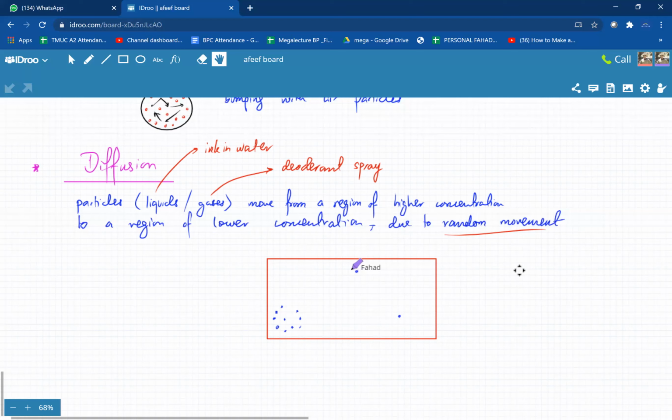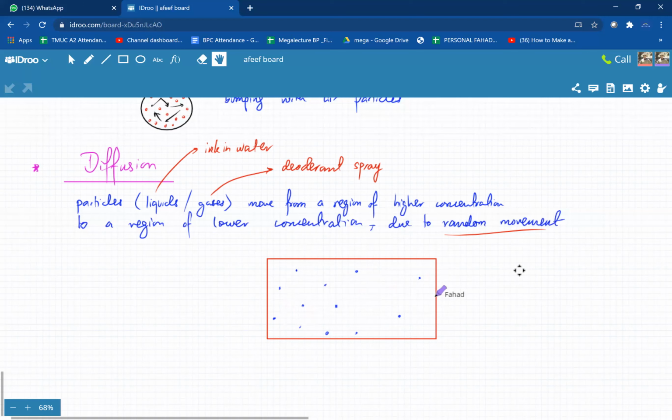And slowly, what would happen? The particles will all spread out. They'll be everywhere, randomly going in different directions. Some would be going in this direction. So all of them would eventually spread out. So basically, the idea isn't that they move from a region of lower concentration to a higher one, sorry, from higher to lower.